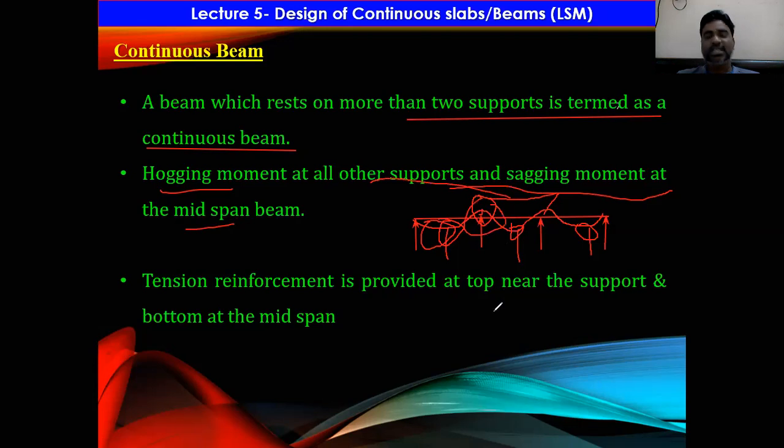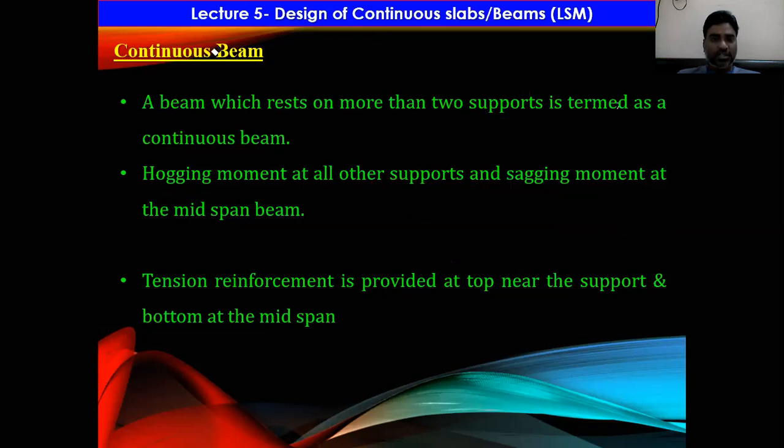At the support, the tension is in the top fibers. Therefore, at midspan the tension reinforcement is provided at the bottom fiber. At support, the tension reinforcement is provided at the top fiber, right? So that is the continuous beam reinforcement placement and bending moment diagram.